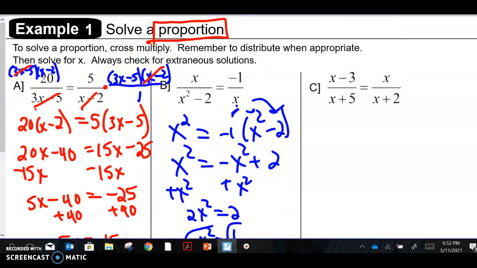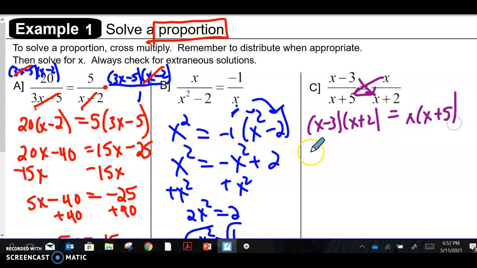Over here, we're going to cross multiply again. I'm going to have x minus 3 times x plus 2. That should equal what I get when I take x times x plus 5. Foiling this out, we get x squared plus 2x minus 3x. That's minus x, and then negative 3 times 2 is negative 6.